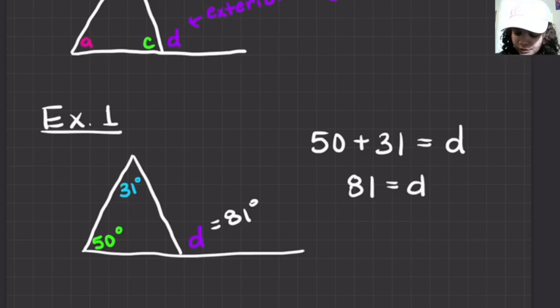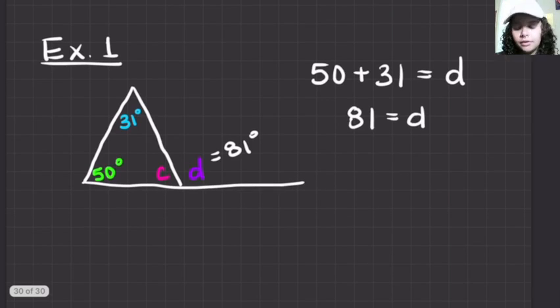Then from there, you could also find what angle C is, or this other missing angle down here. So let's say I also said, okay, now find angle C for me, okay? There's two ways you can do it. You can either use the fact that C plus D form a line, so it's 180, or you can just add these three angles together because they're inside of the triangle. So use triangle sum theorem, you know they're going to equal 180.